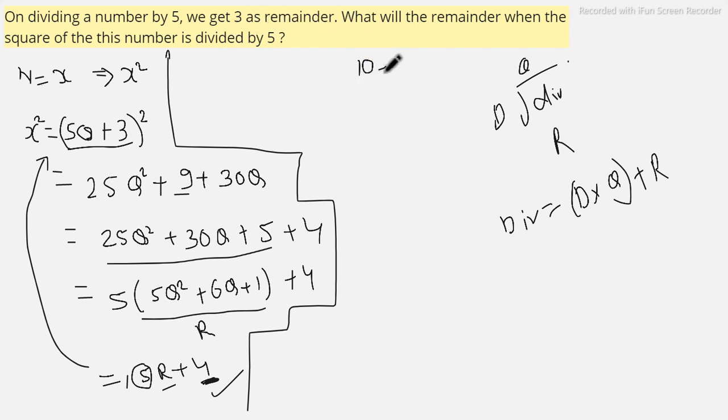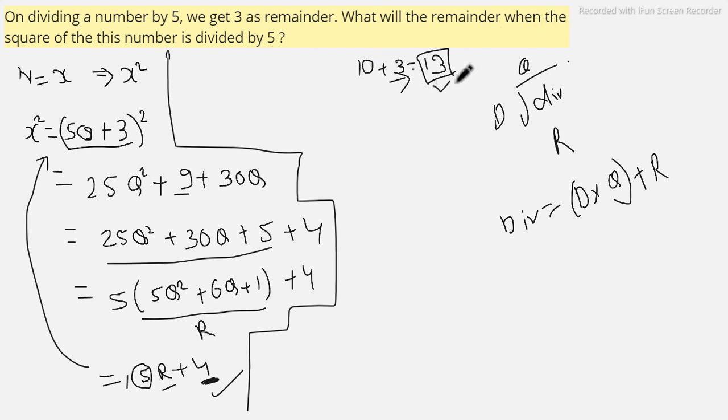We get 3 as a remainder, so we'll add 3 here, that is 13. This satisfies the first condition, like our number is 13. When we divide 13 by 5, we'll get 3 as remainder. So one condition is satisfied. Now, what will be the remainder when the square of this number is divided by 5?